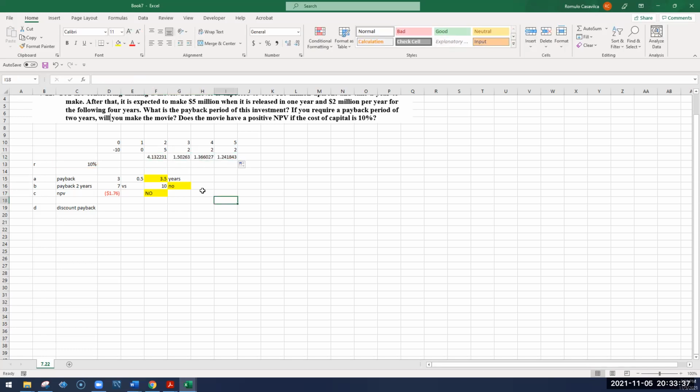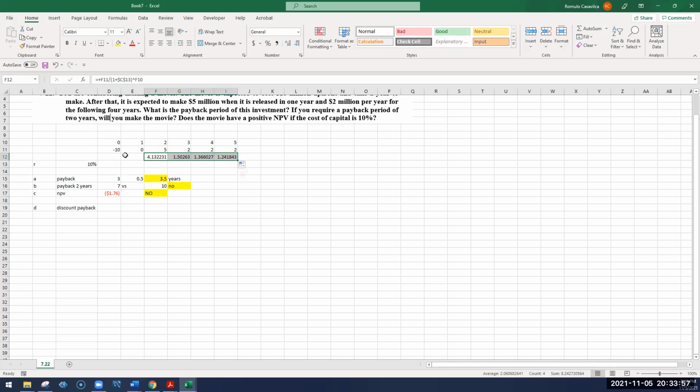Then you do the same thing, right? How many years does it take me to get to minus 10? You add them together, this is like 7 or 8. So it's not going to be enough.